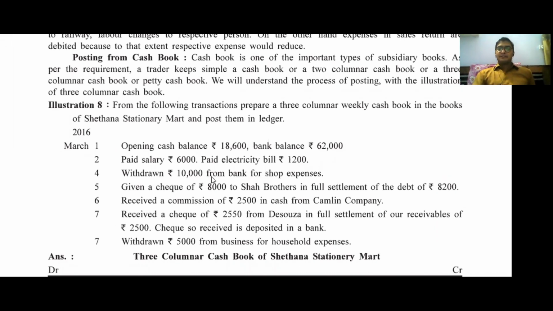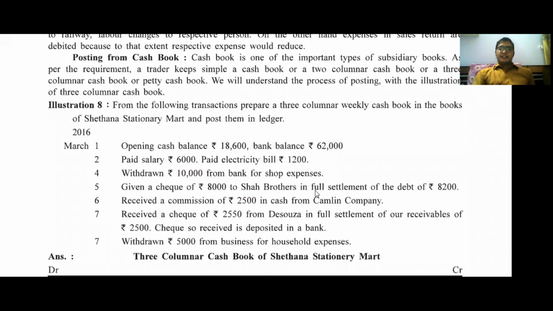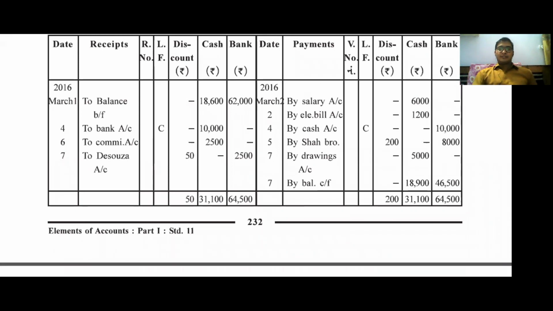So bank balance decreases, so in bank account, credit side, it is 10,000, and in cash account, it is debit side 10,000.